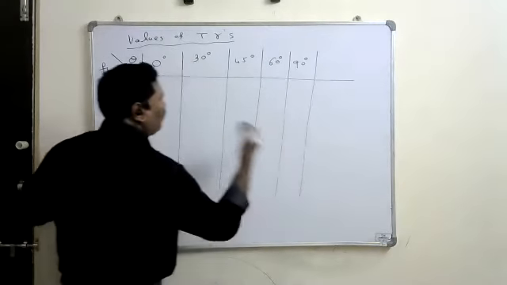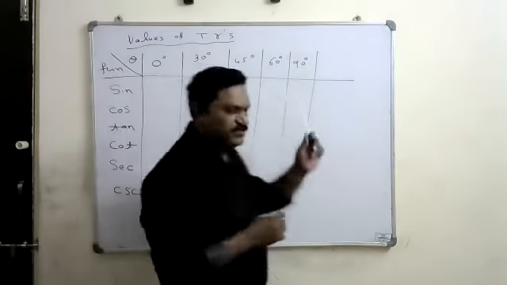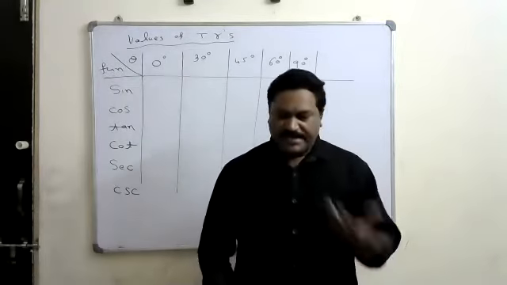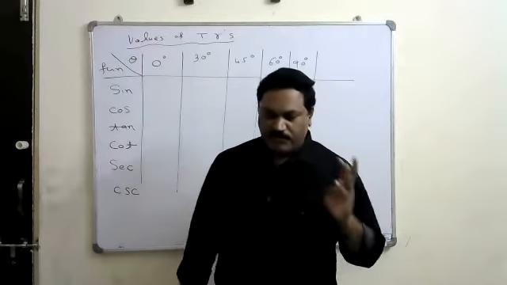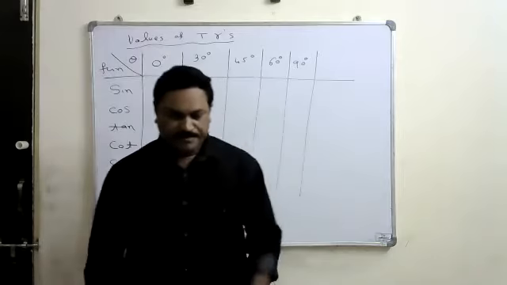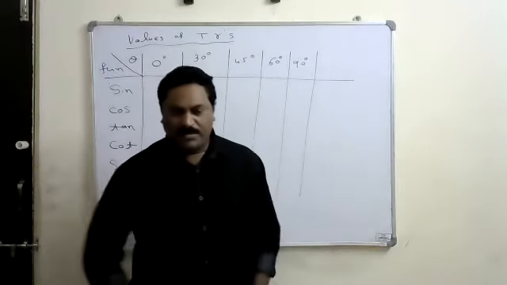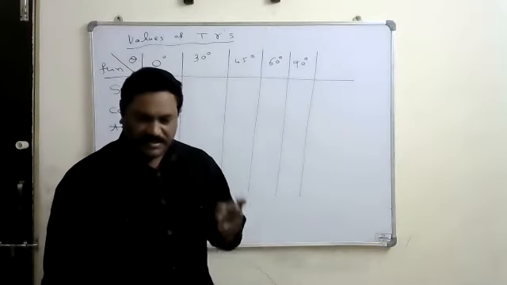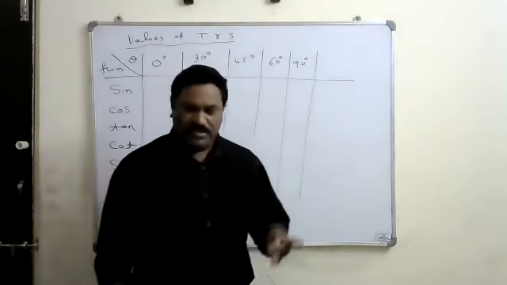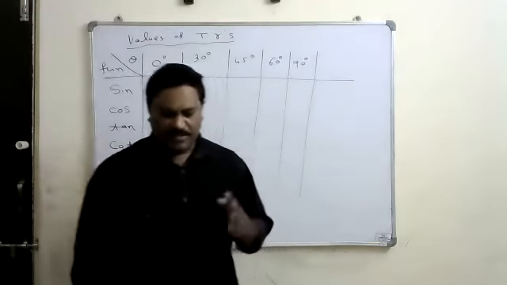For the second topic, apart from that, you should also remember the values for 15 degree and 75 degree. And for the fourth topic of trigonometry, you should also remember the values for 18 degree, 36 degree, 54 degree, and 72 degree.